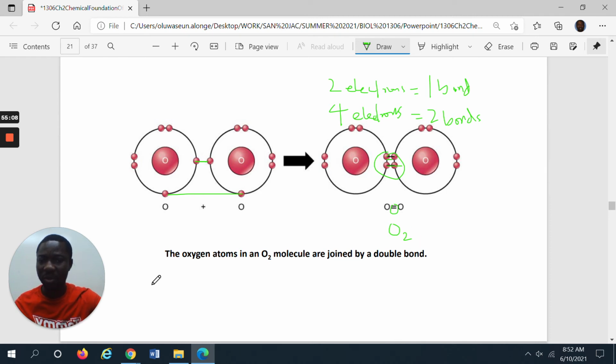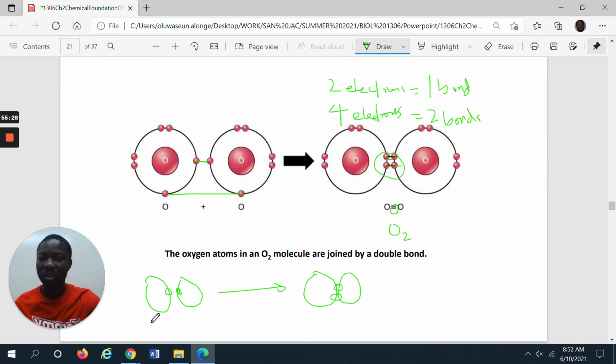The same thing can happen to hydrogen, and it will be like this: hydrogen, then another hydrogen, right? Then they can form a bond, and you're going to have this and this, and it will be 1, 2.